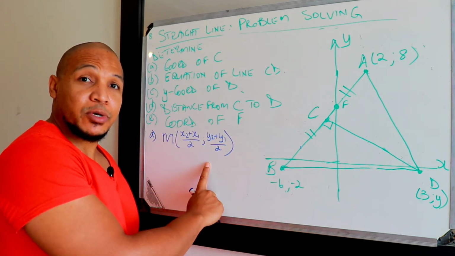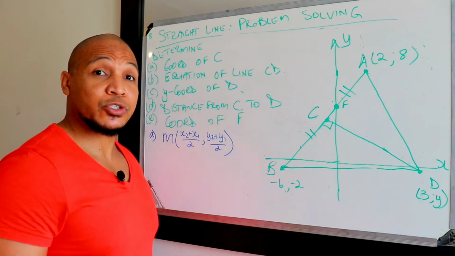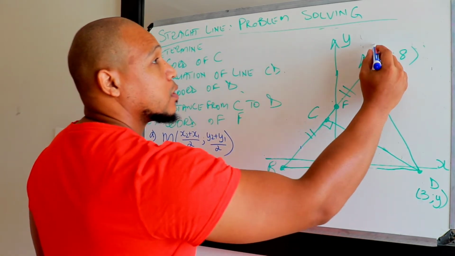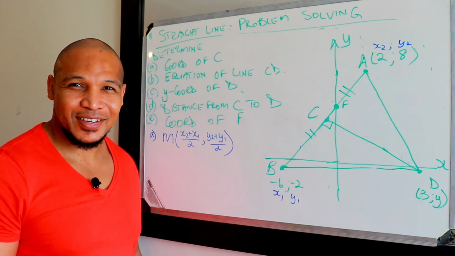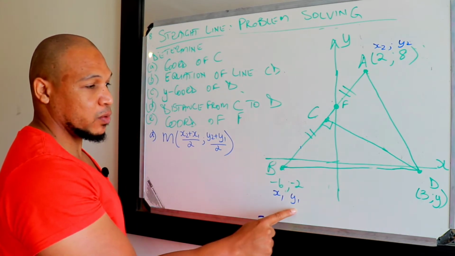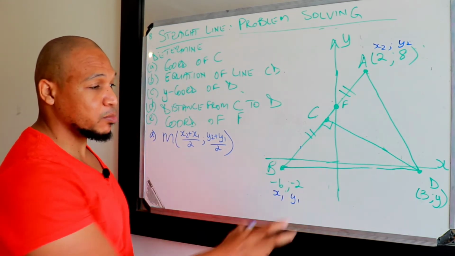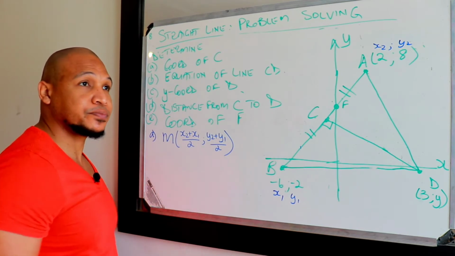There we have our midpoint formula. Let's label our points quickly. I've labeled my points. There's x2 and y2, and here we have x1 and y1. So now I simply take those points and substitute them in my formula.